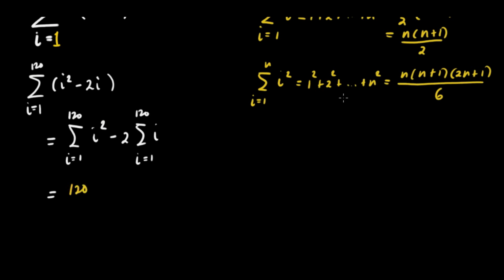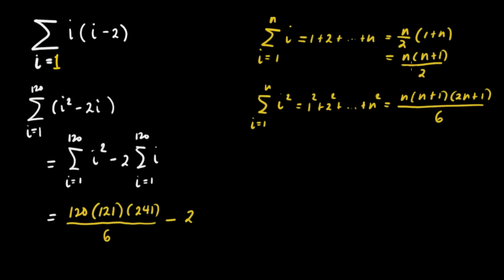The formula is this: 120 times 120 plus 1, so it's 121, times 2 times 120 is 240 plus 1, so that's 241, over 6, minus 2 times this summation of i from i equals 1 to 120.